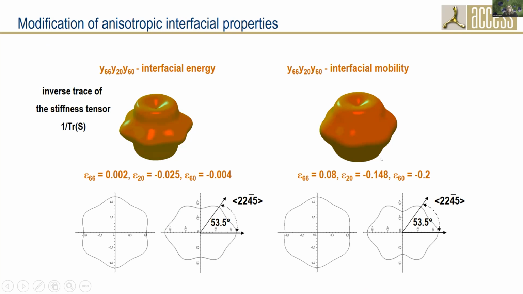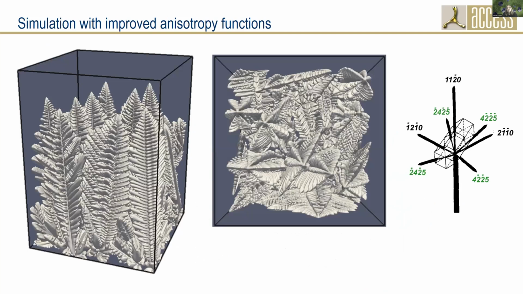We did it for both the mobility and the interfacial energy. And using this new function, we were then able to model dendritic growth in magnesium alloys with all the arms forming, which you could see also in the experiment.